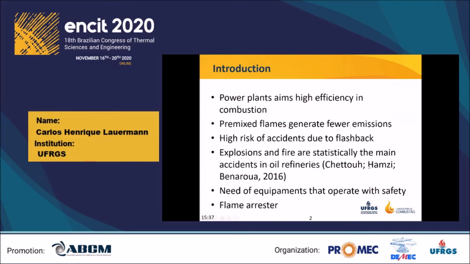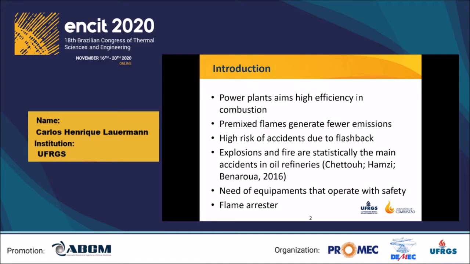So, introducing the problem: power plants need high efficiency in the combustion process to convert chemical energy into power, and turbines that work with premixed flames generate fewer emissions. But there's a high risk of accidents due to flashback with those premixed flames.